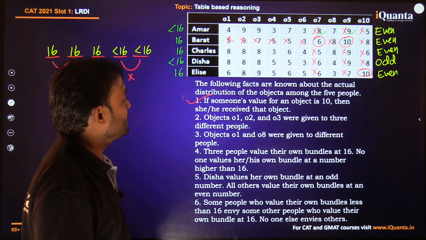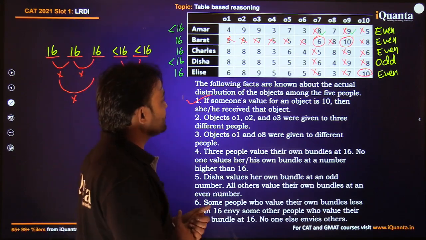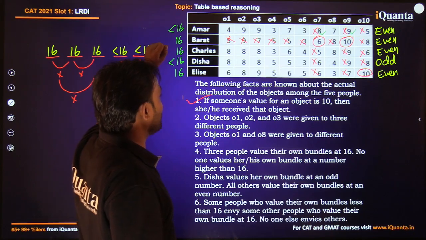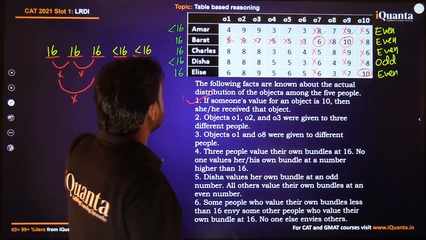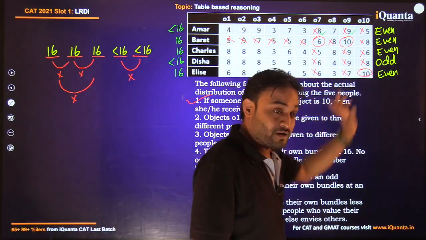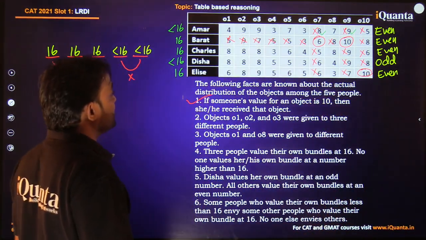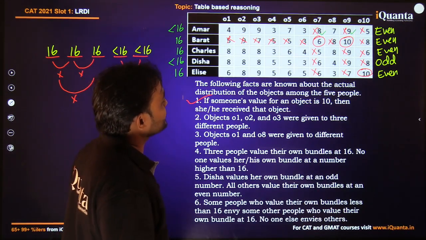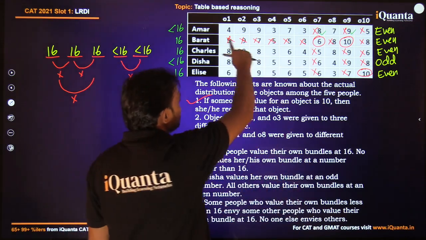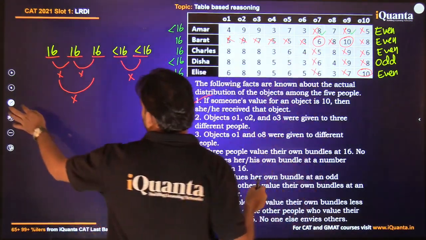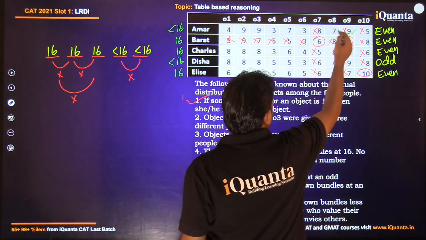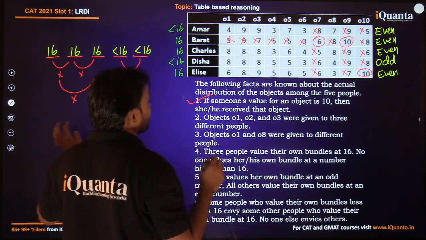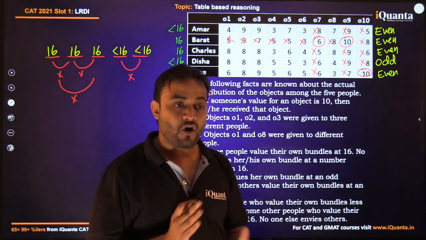Now next, how do we proceed from here? We know that Amar got less than 16, Bharat got 16, Charles got 16, Ellis got 16. Disha got less than 16, also an odd number. We already know about B. In the case of Amar, the sum of any two of these must be even, and even can be achieved by either odd plus odd or even plus even.